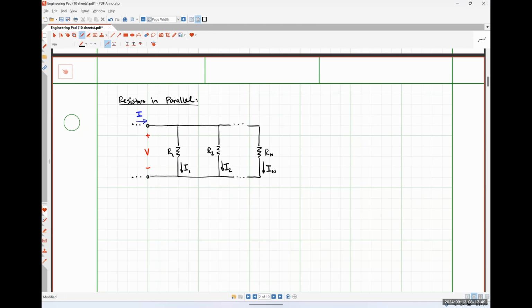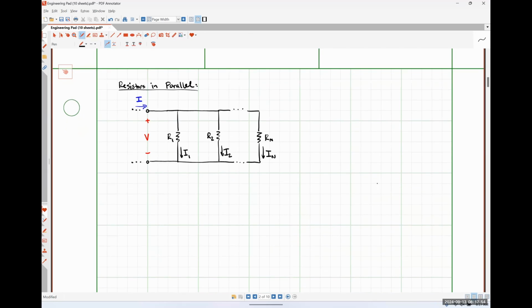So if we apply Kirchhoff's current law to this particular network, what we'll find is that I, the total current flowing into the network, is simply the sum of all of those resistor currents. So I1 plus I2 all the way out to I sub n.